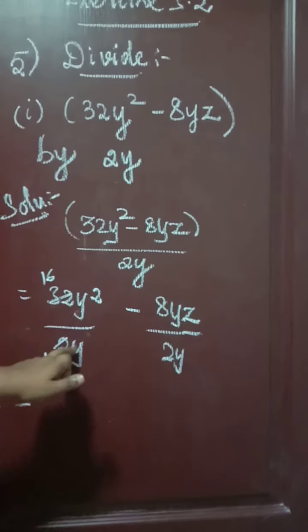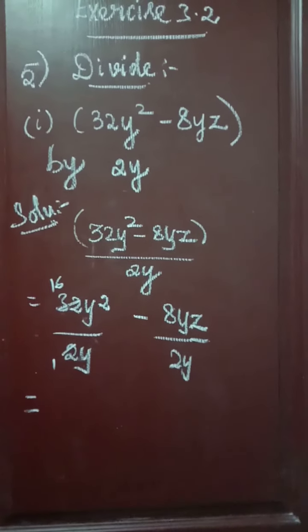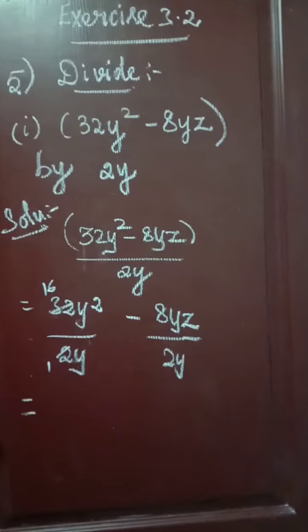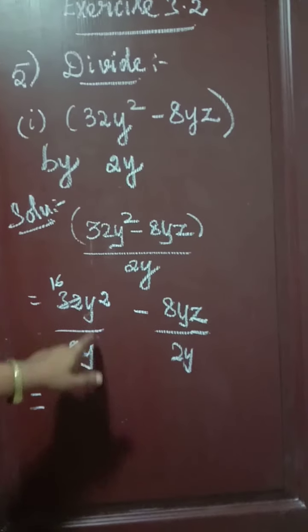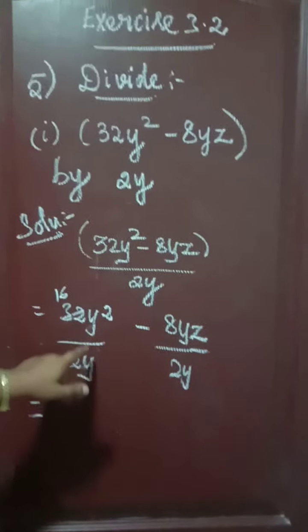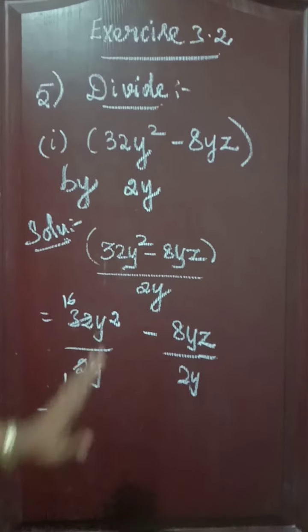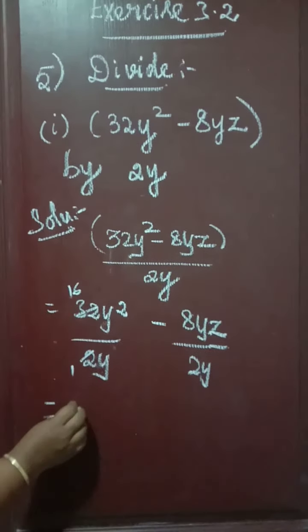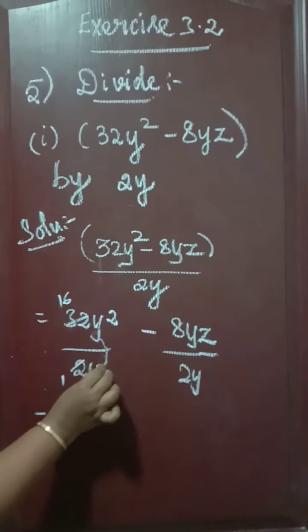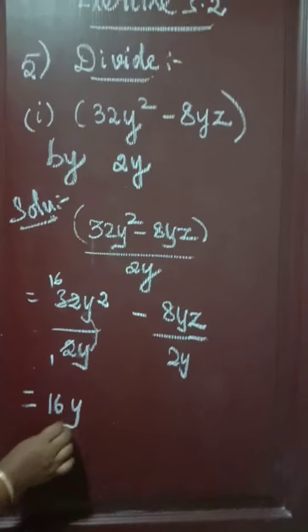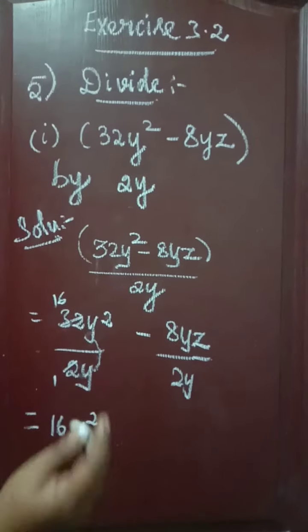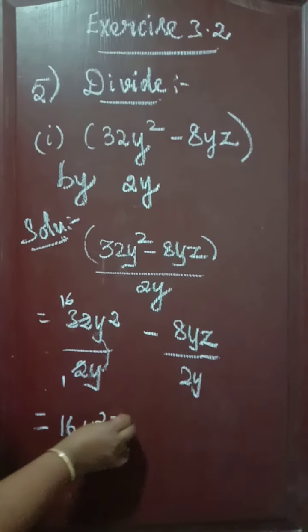Base. If the bases are the same, we subtract the powers. Last class we saw that in division, if the bases are the same, we subtract the power. So here 16, and y is the variable. Here the numerator is y squared, and the denominator, nothing is given, so it is understood as 1.